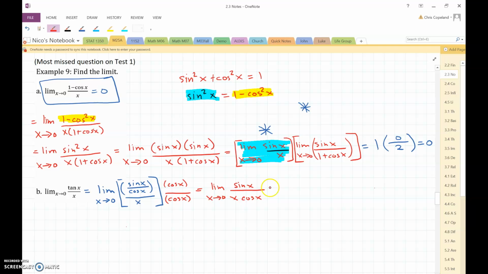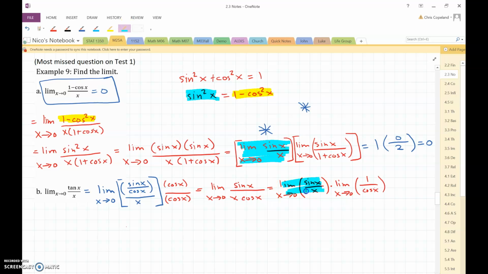Then I would think of this as the limit of sine of x over x as x goes to 0, that should look familiar, times the limit of 1 over cosine x as x goes to 0.